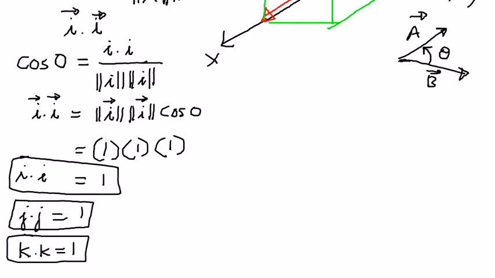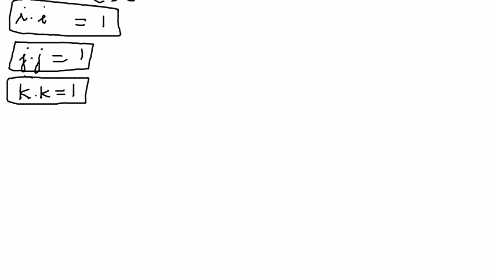Now, on the other hand, we want to see what happens to the other type. The other type is what happens to I dot J? We said the value is going to be equal to 0.